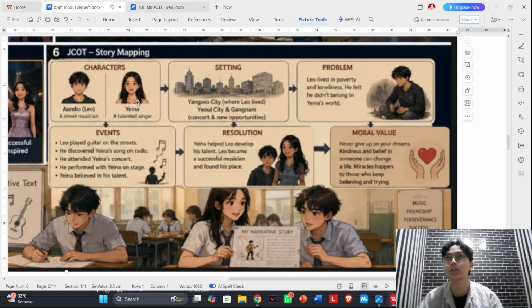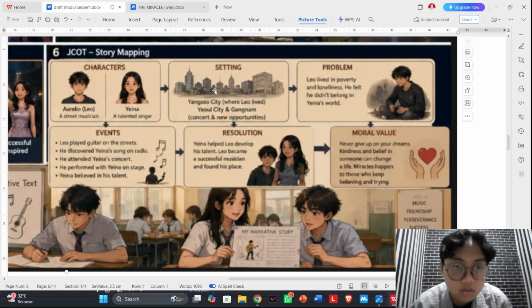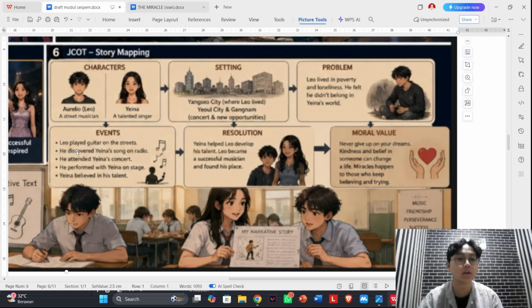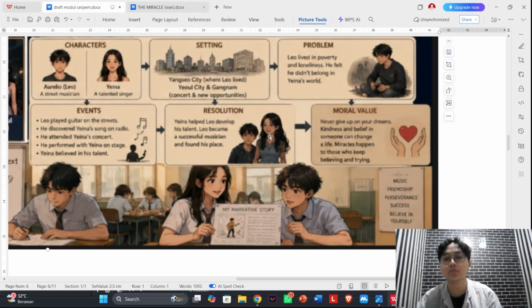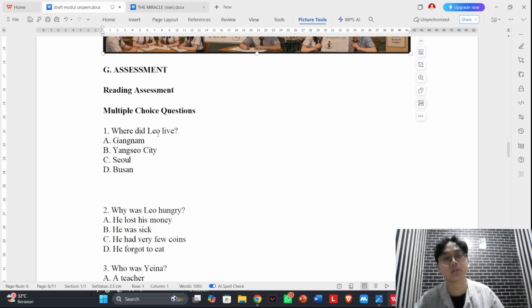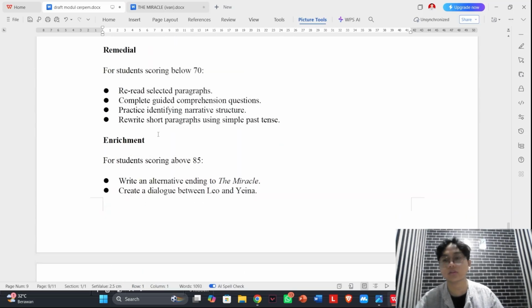So basically I also use story mapping to make it easier for students to understand the characters. And also in the setting there is a city, and then the problem and the events: Leo played guitar, he discovered Yeina's song on the radio, then the resolution, and the moral value. This is for the assignment like I showed you before.